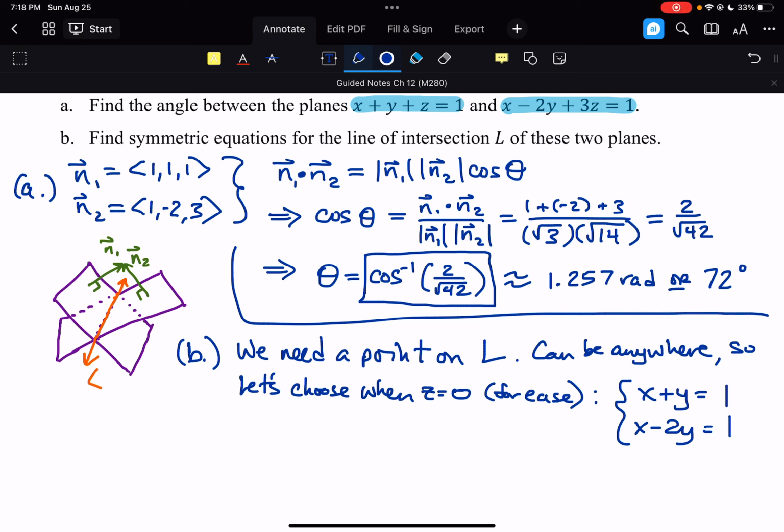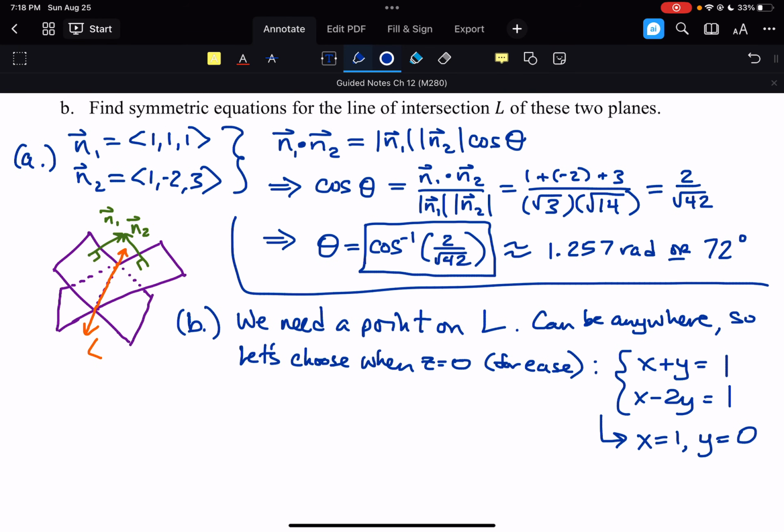And we can go ahead and solve that. We end up getting x is 1 and y is 0. That is the only solution to that system of equations. So we have x is 1, y is 0, z is 0. So (1, 0, 0) lies on L.